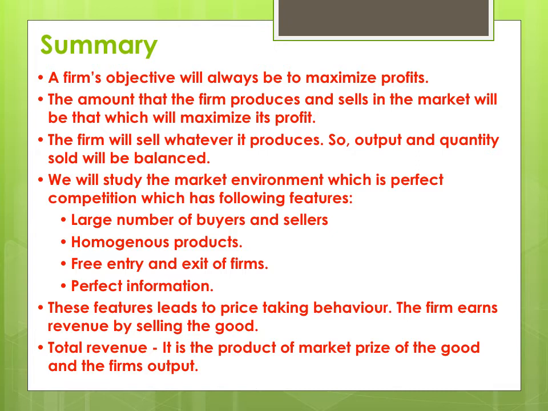Each firm produces and sells homogeneous products, which means the product of one firm cannot be differentiated from the product of any other firm. Entry of firms into the market as well as exit is free for all. The information is perfect. These features of a perfectly competitive market lead to price-taking behavior.